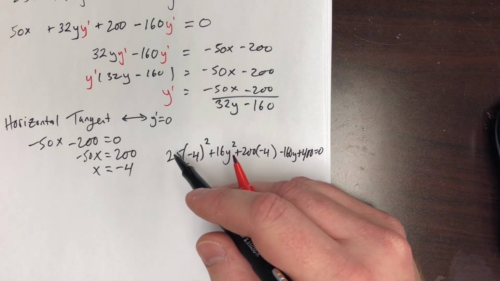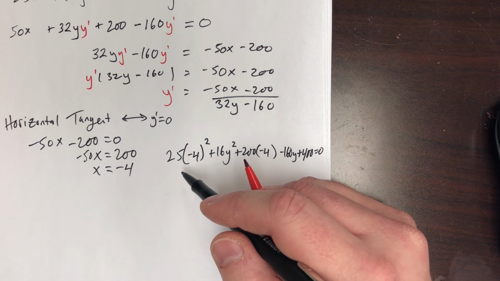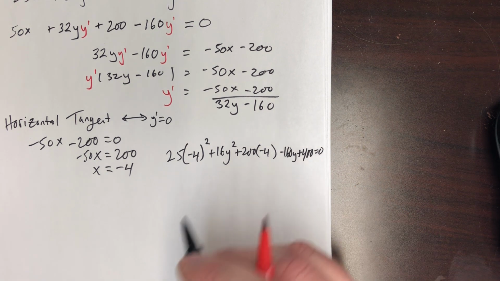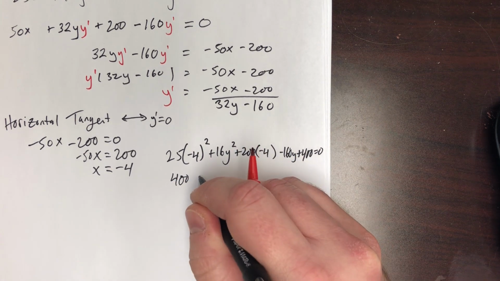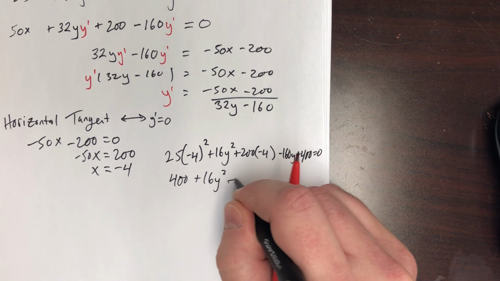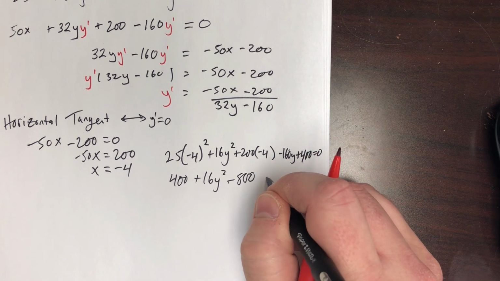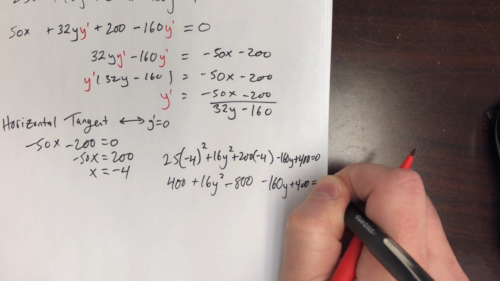So 25 cents, 16 times, and every 4 quarters gets us $1. So what is that, $4? So 400. Then this is minus 800, minus 160y plus 400.